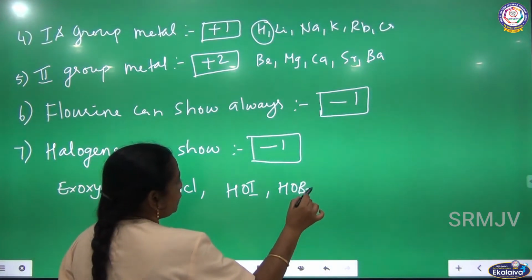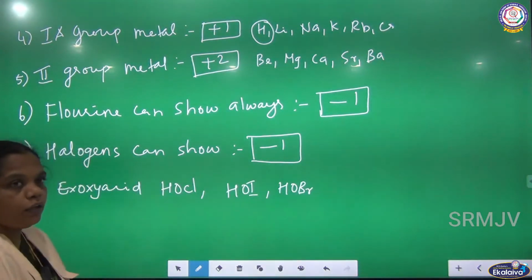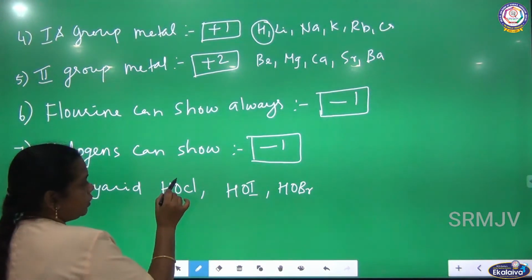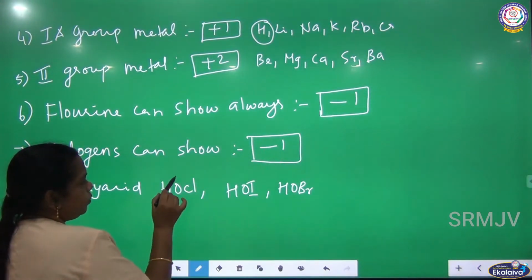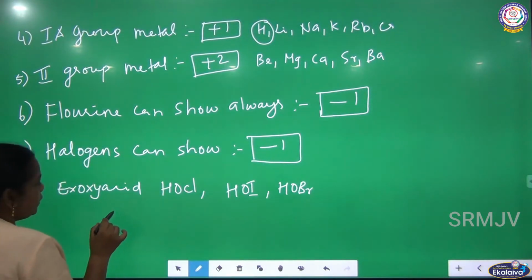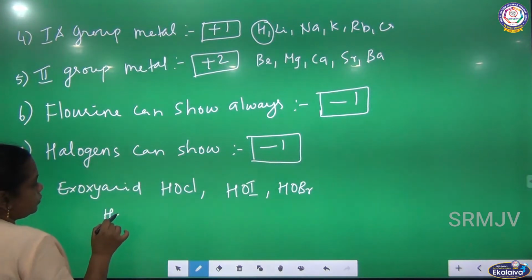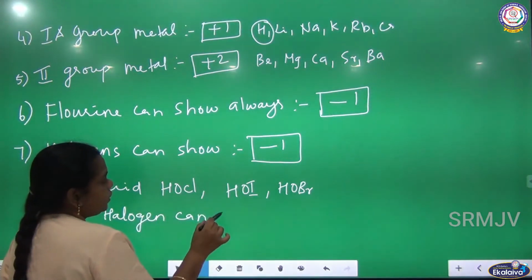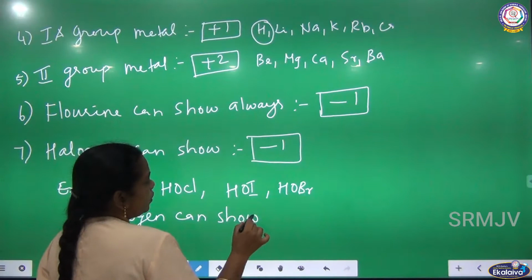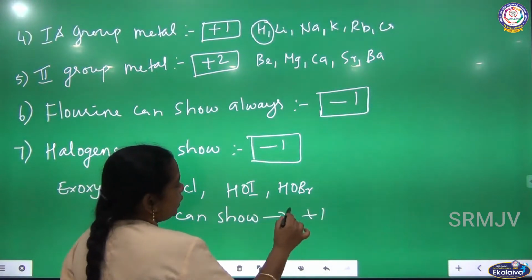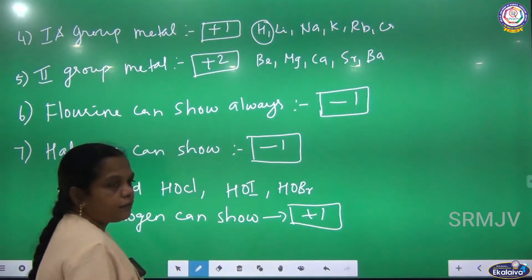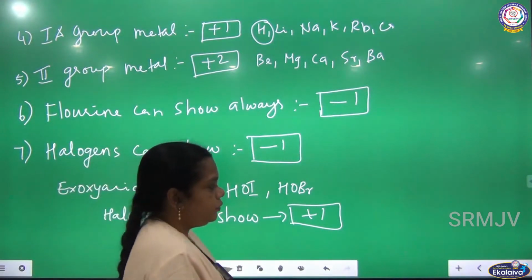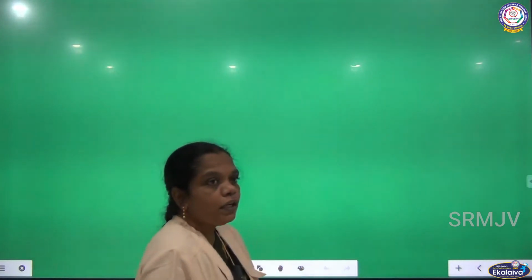In this case, the halogen can show +1 oxidation. Now see this, -2 for the oxygen, and hydrogen +1, so the halogen can show +1 oxidation in the oxyacids. And next one, oxygen.